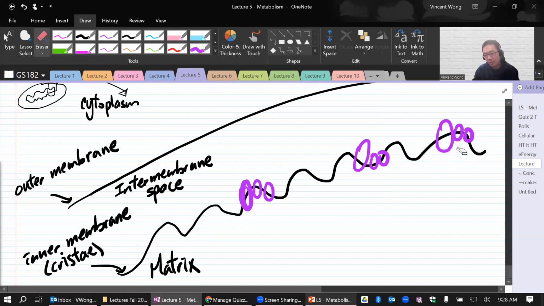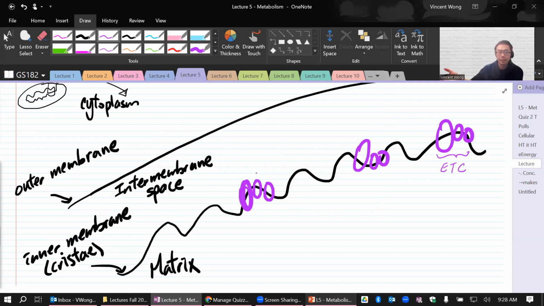They are a series of membrane proteins that are right next to each other, and that is what forms the electron transport chain, the ETC. There are thousands of these ETCs in the cristae. That's why we wanted to fold up the inner membrane. The more folded up it is, the more space is available to pack these ETCs in.